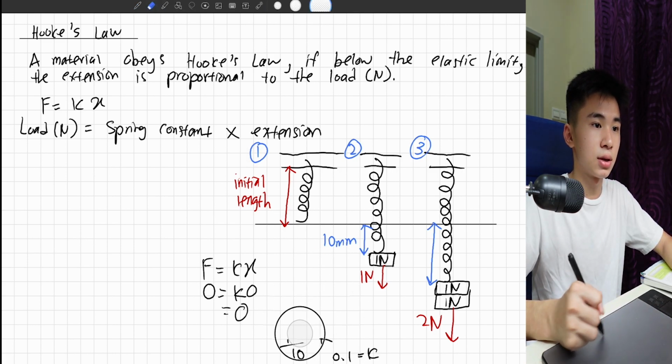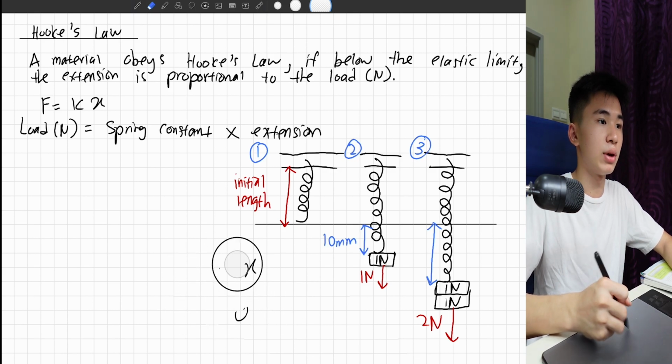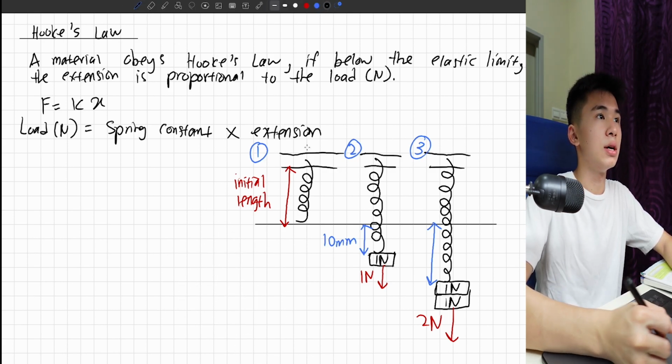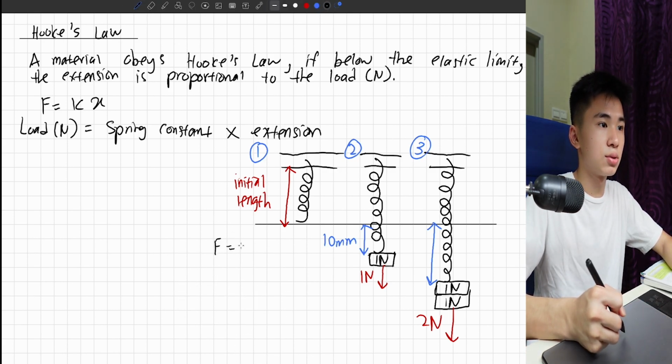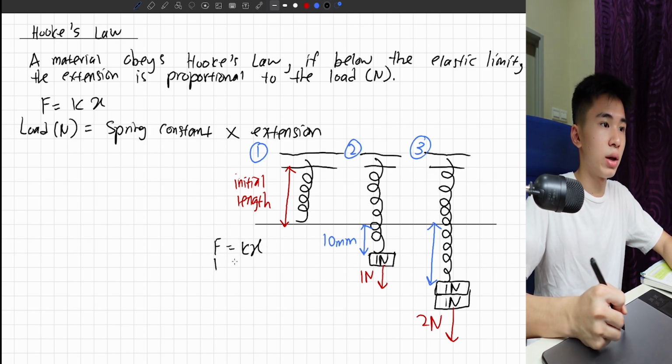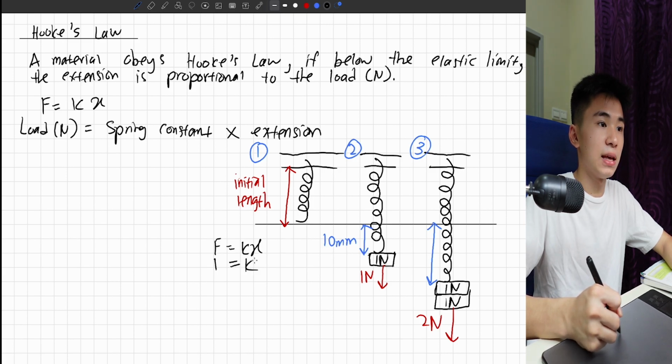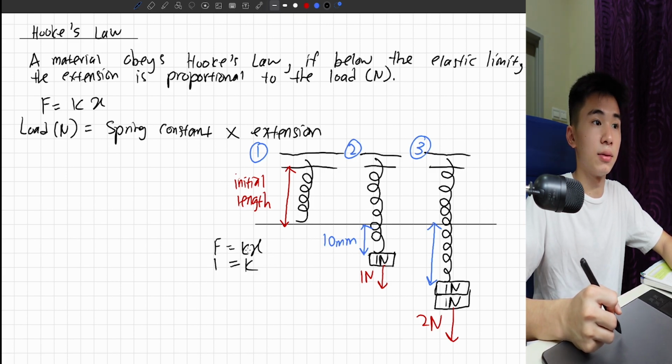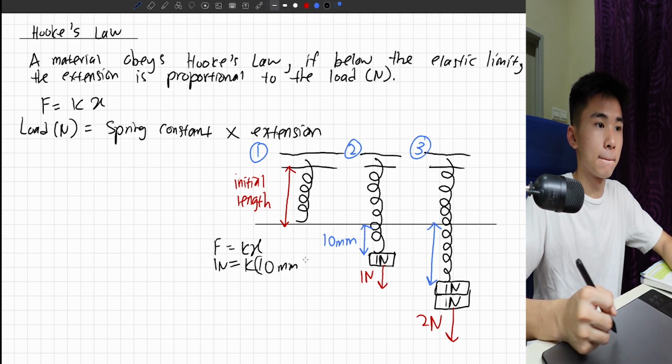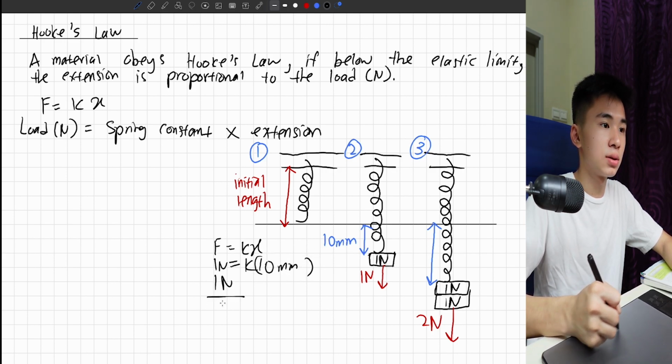Okay, let me just erase everything. Let me just redo it. F equals kx. So 1 is the force, the load, and k is the spring constant, and the x right here is 10 mm. So 1 Newton divided by 10 mm.